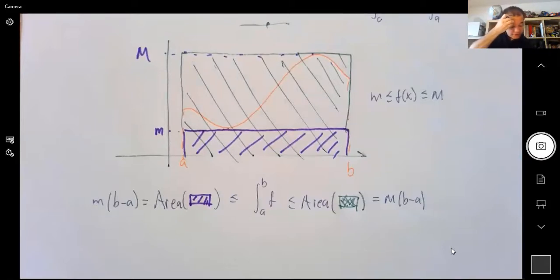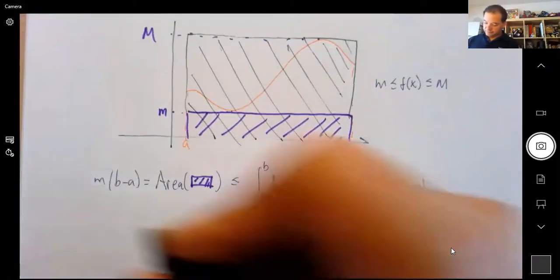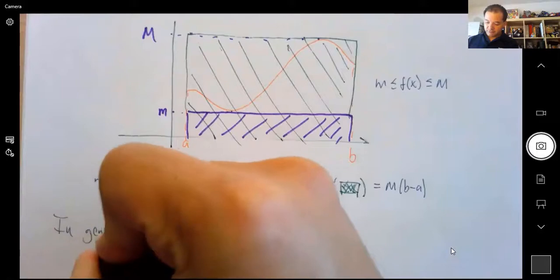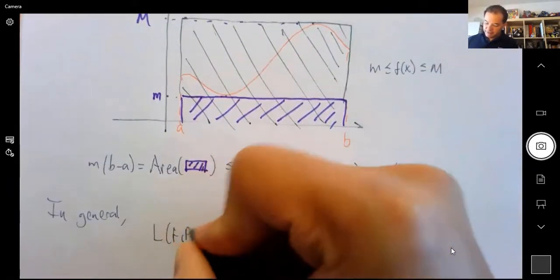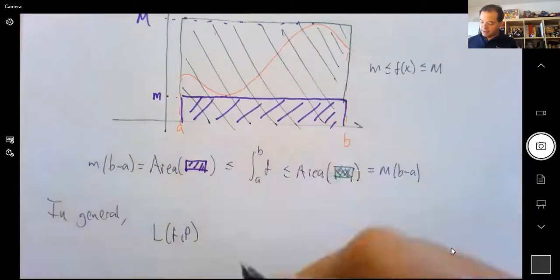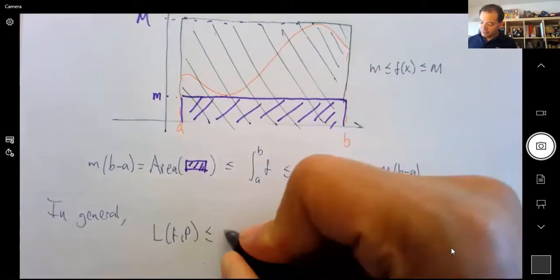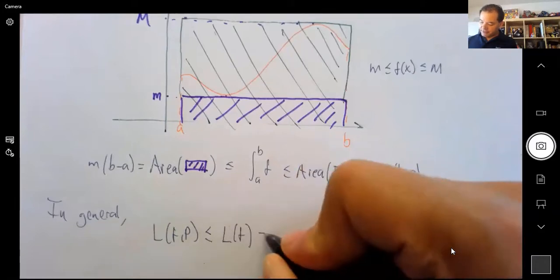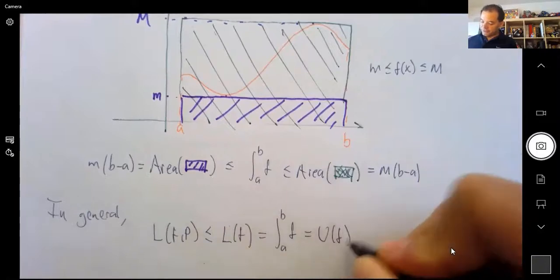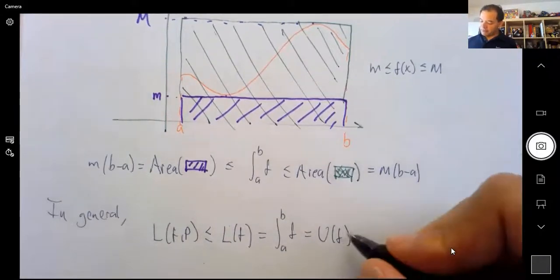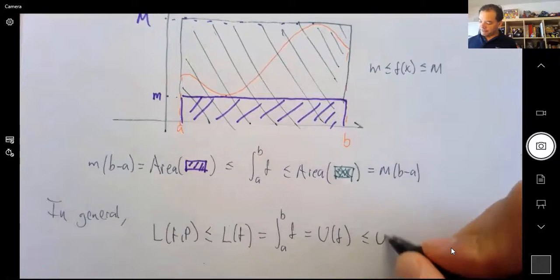So what is it that we need to do? Well, here's the proof. So in general, this happens: this guy is smaller than the supremum, which is U of f, and that's the integral, which is equal to the upper integral, and the upper integral is the infimum of the upper sums.